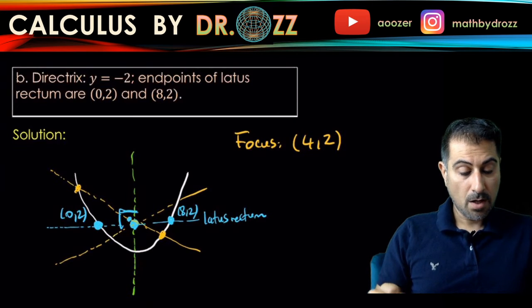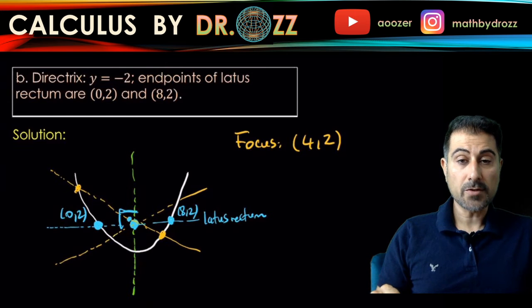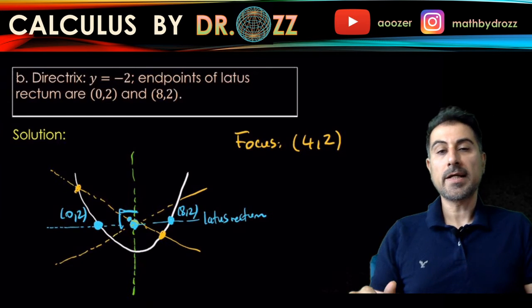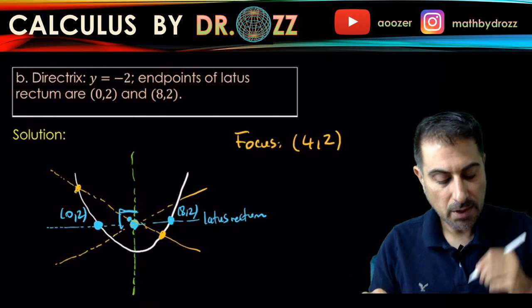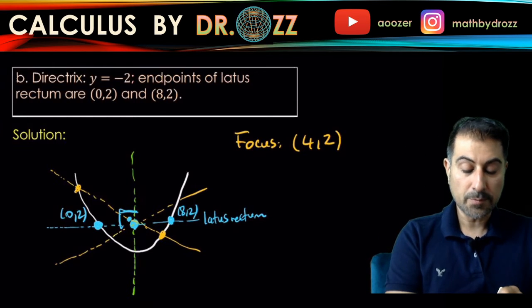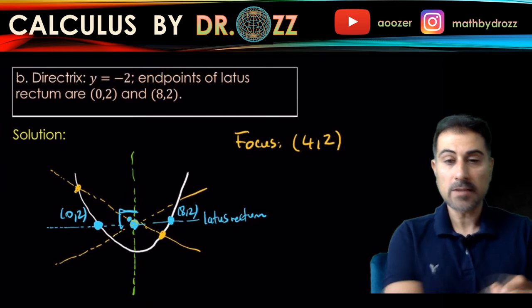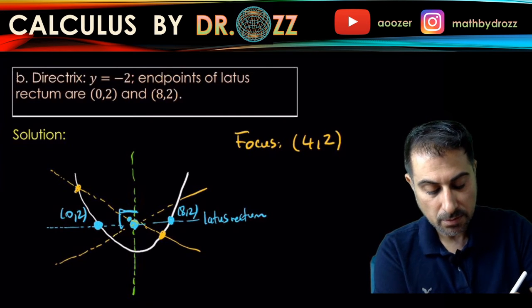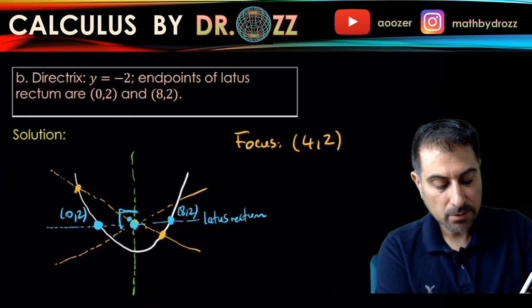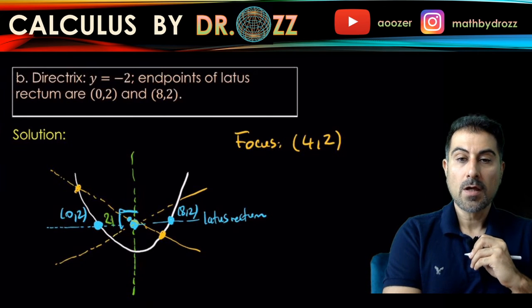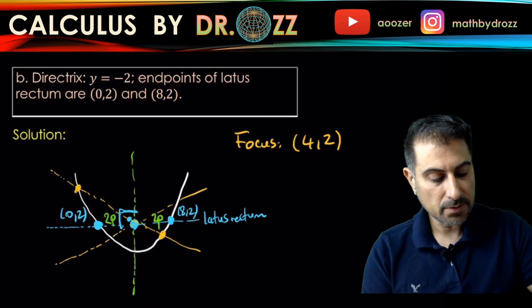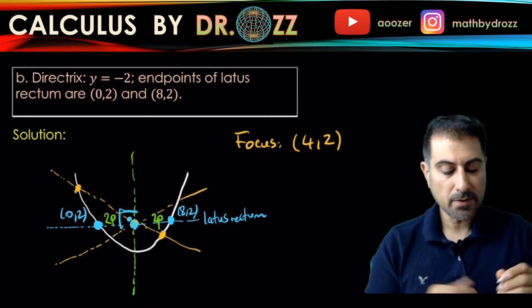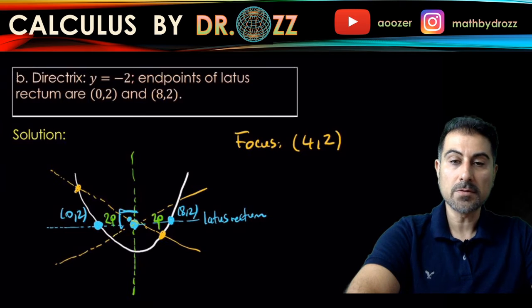Once we have the location of the focus, another property of the latus rectum is that the distance from the intersection point on the parabola to the focus is just 2p. Here is 2p. In total, the length of the latus rectum is 8 because that's the distance from (0, 2) to (8, 2).